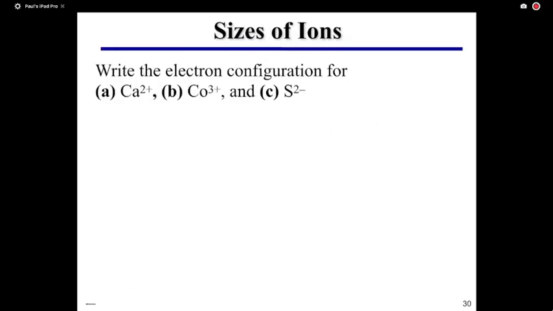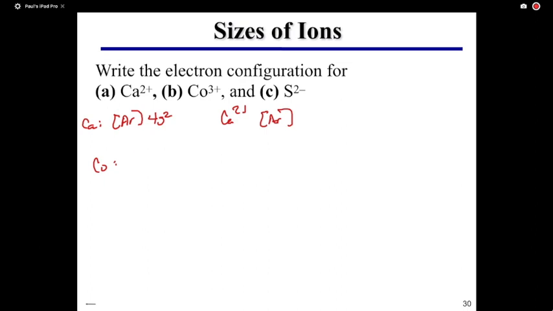All right, good. Now, we can see that by writing electron configurations. If I start off with calcium by itself, calcium is argon 4s2, is it? I hope so. Yes. And the calcium 2+ just looks like argon. So that's cool. Cobalt is a little bit different. Where's cobalt? There it is.